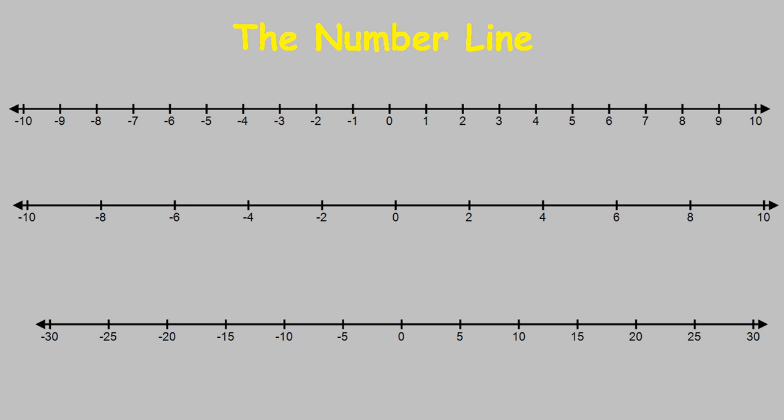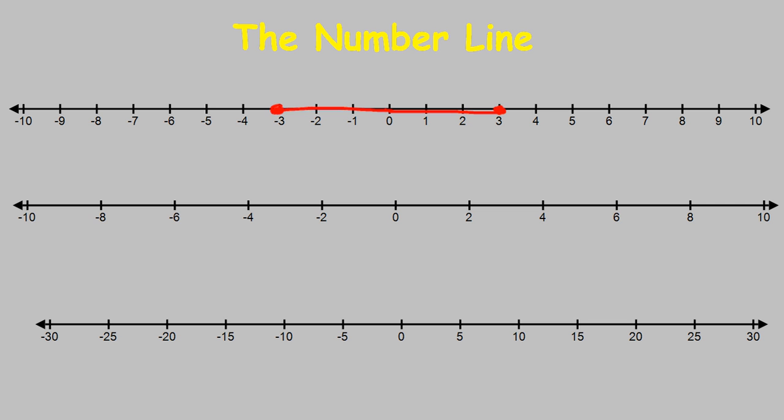So let's take a look at some of these. If we had a number like 3 here on the number line, its opposite would be the same distance from zero, which is 3 units, but on the other side of the zero. So -3 would be the opposite of 3.